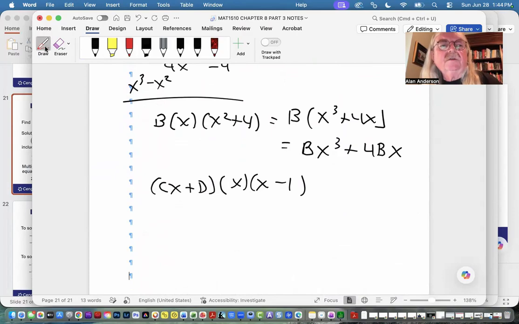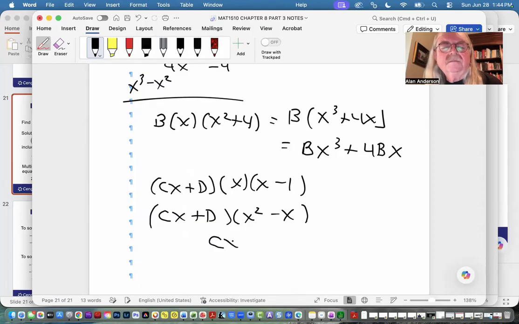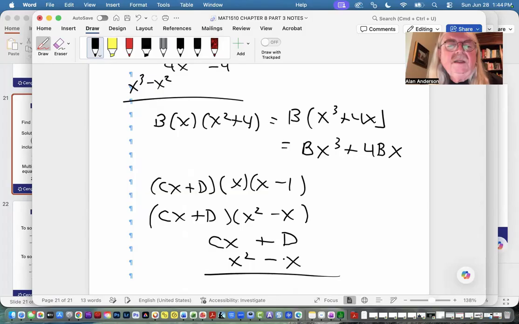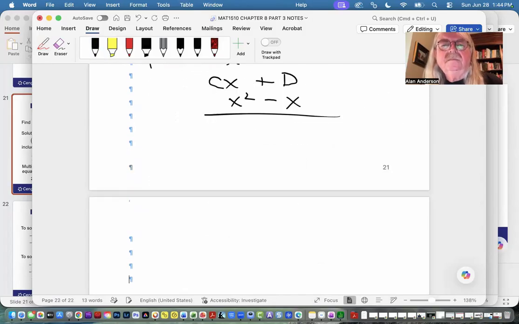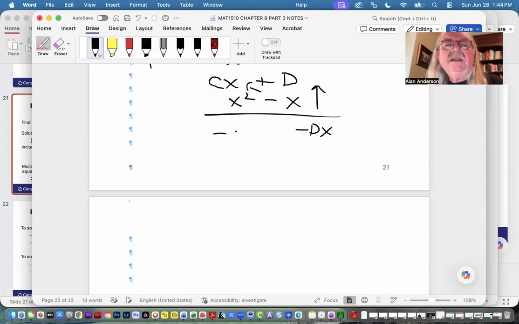Let's simplify this a little bit. All right. Minus dx minus cx squared plus dx squared plus cx cubed.